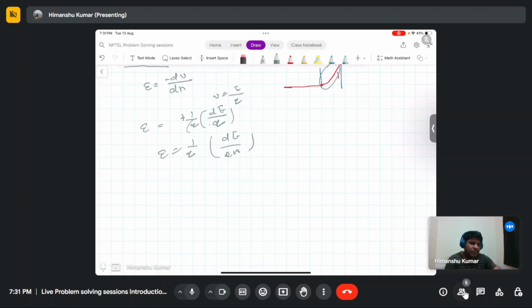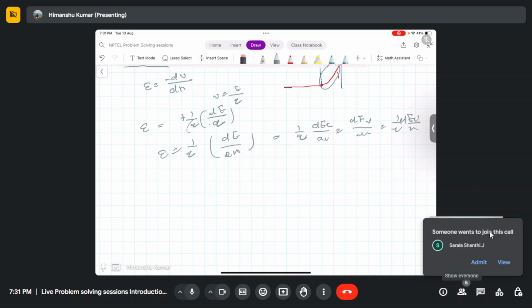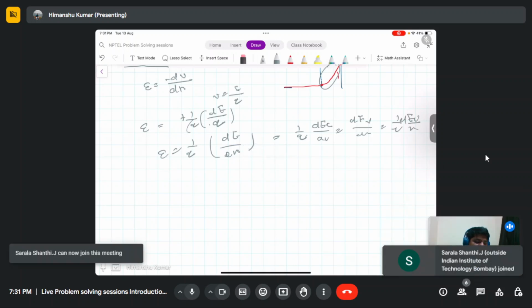Since the conduction band, Ei and Ev remain fixed with respect to each other, you can take any of those bands. So you can calculate 1 by q dEc by dx, or 1 by q dEv by dx, or 1 by q dEi by dx. So that is the case.